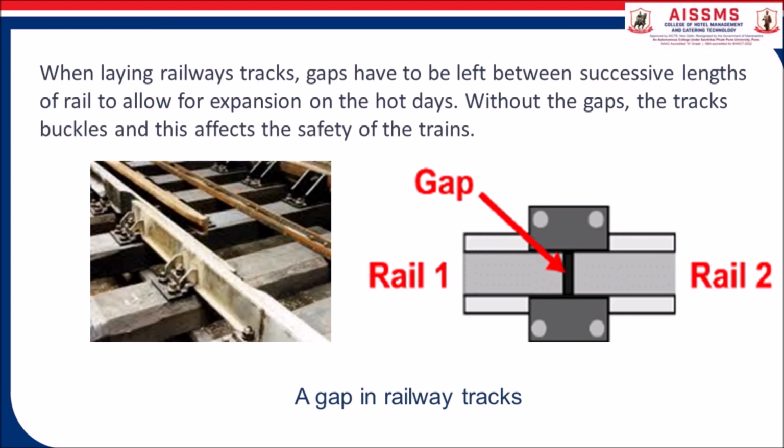In the adjoining figure, you can see a small gap between the two rails. Without the gaps, the tracks buckle and this may affect the safety of the train. So there has to be a scope for expansion when the temperature outside is high.